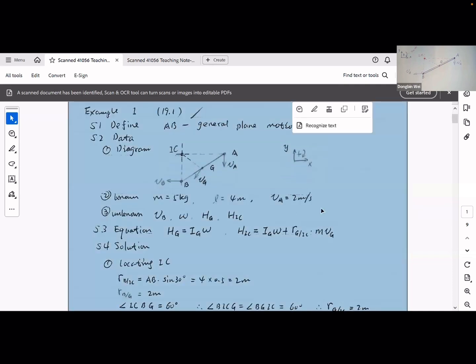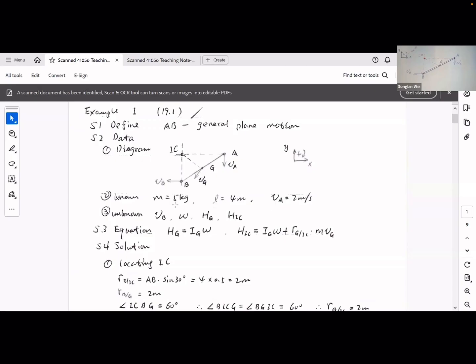To work out angular momentum, we need to understand the mass of the rigid body, 5 kilograms, and the length of the bar is 4 meters. VA is 2 meters per second. In this problem, we don't know omega, and we don't know HG and HIC, the angular momentum.